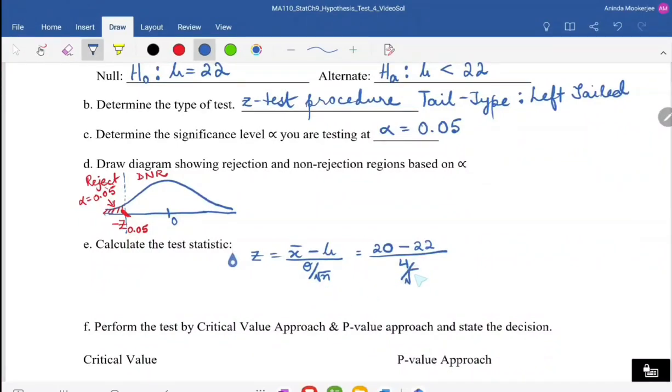So 20 minus 22 is negative 2, divided by 4 over square root of 32. Again, you can use your calculators, but it's going to be 0.707, and when you do this calculation, you should get a value of negative 2.82. So the test statistic value, often written as z sub 0, is negative 2.82.